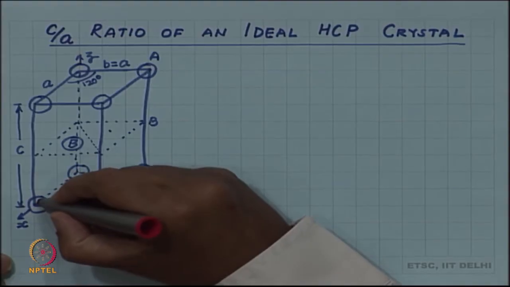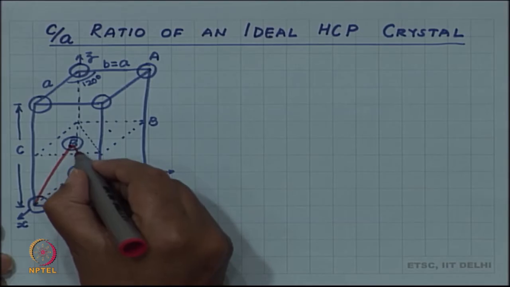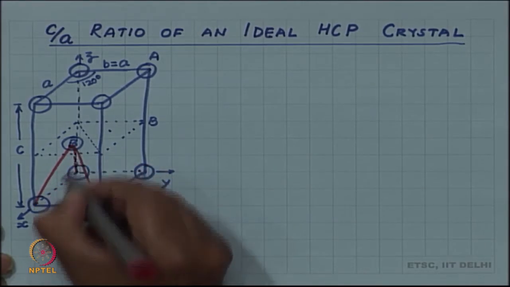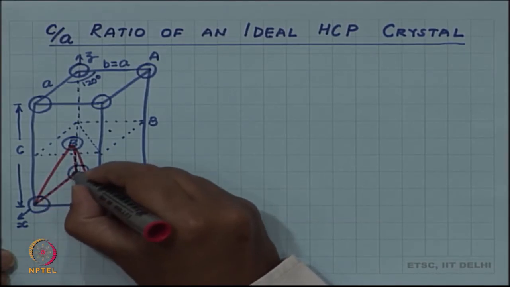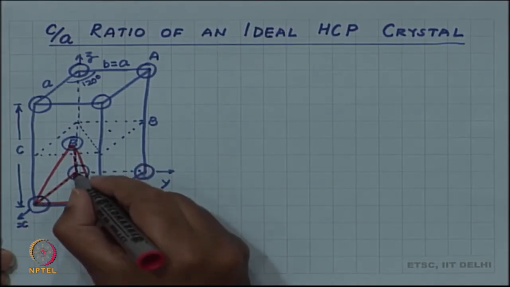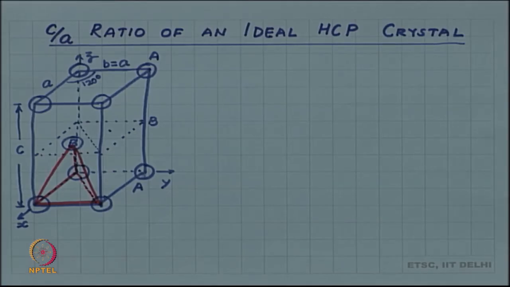So, with respect to these 3 A atoms, this B atom is forming an upright tetrahedron if I join the 3 atoms below on which this B atom is sitting. So, I have an upright tetrahedron here shown in red.